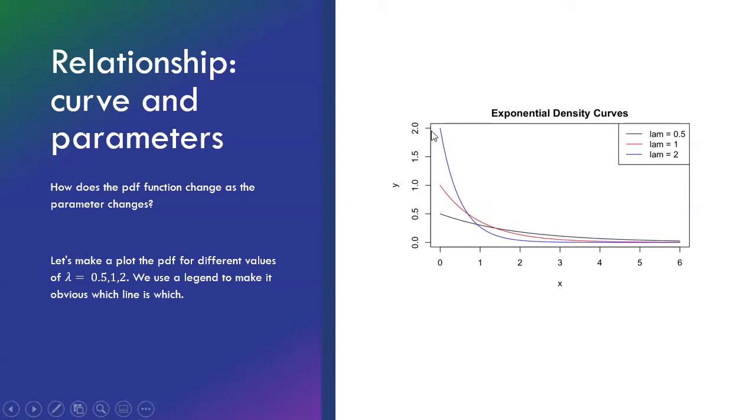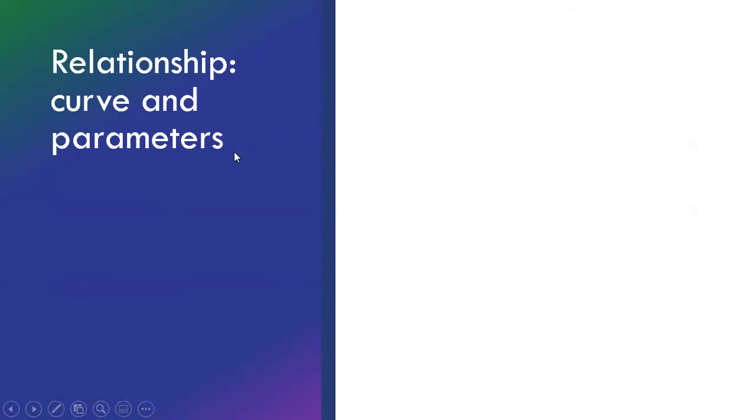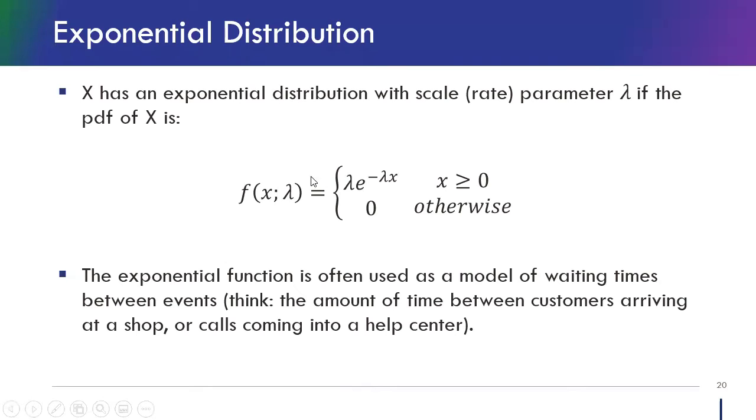And you notice this PDF can be over 1. It's not like probability. Probability of something is always between 0 and 1. But for a PDF, this function f for any of the families, it can be over 1.